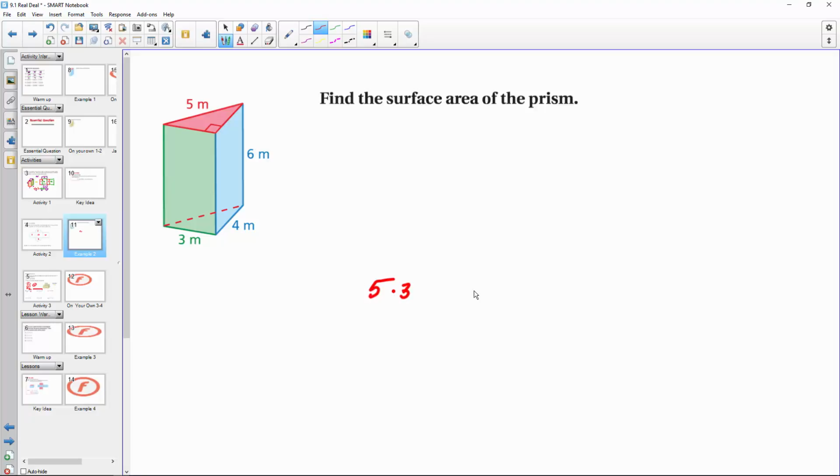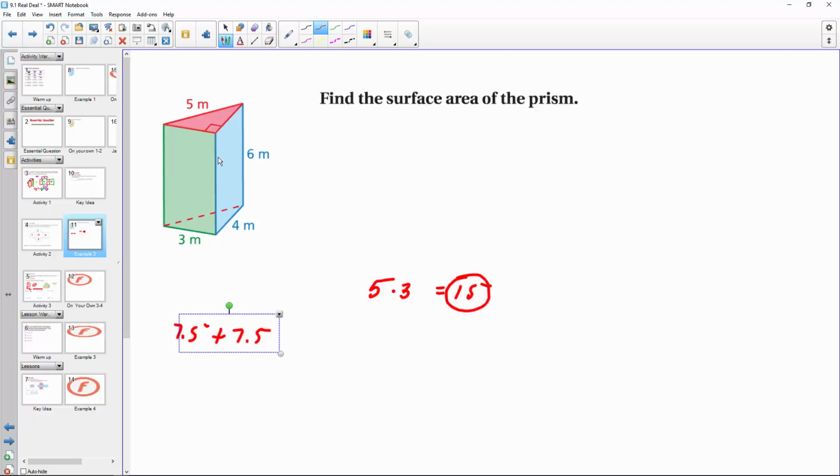And if you think about this, it's 15, right? And I have to divide by 2. Or I could just think the top is 1/2 and the bottom is 1/2. So it's 15 for both of them, right? Otherwise, it's 7.5 plus 7.5.